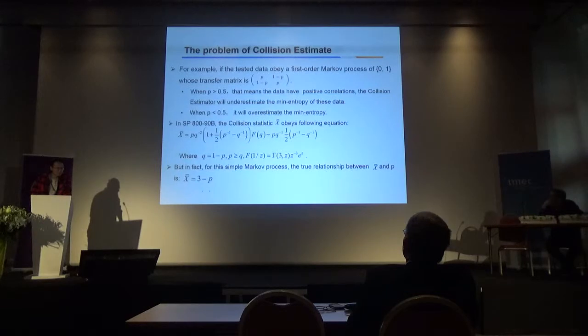And when P is less than 0.5, it will overestimate the min-entropy. We can say in NIST, the collision statistic X bar obeys the following equation. It is a complicated equation, but it's not suitable for this simple process. In fact, the true relationship between X bar and P is just X bar is equal to 3 minus P.